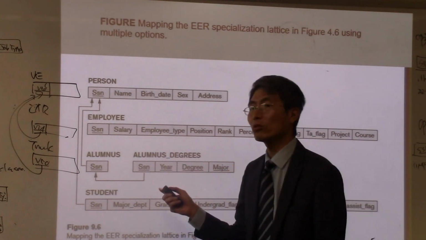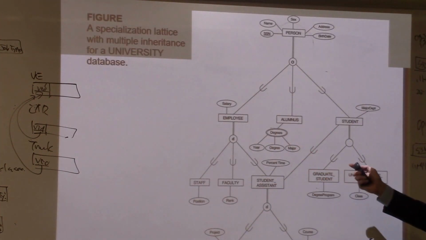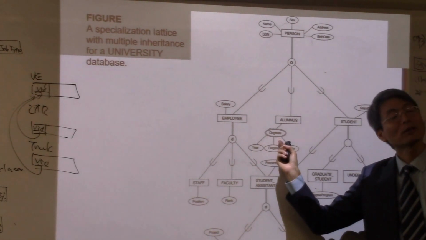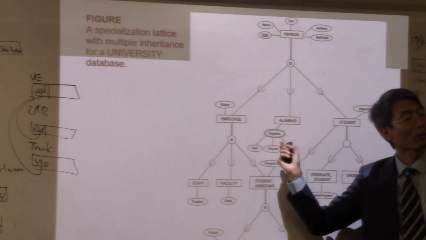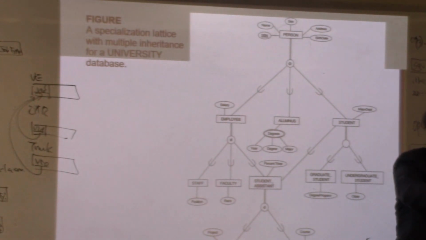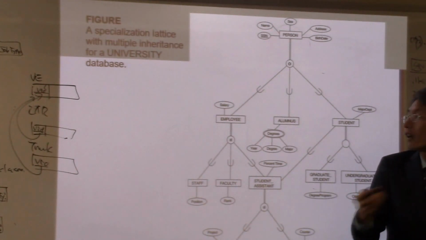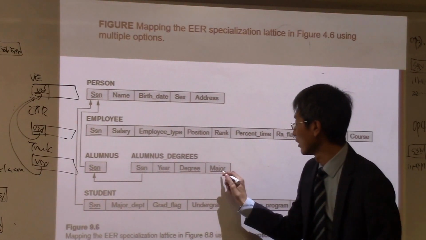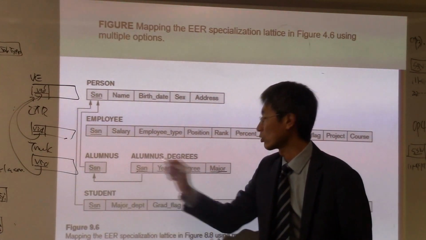Okay, then what about this one? This is actually we have the 2. No? Yes. 1 entity, but this is a multi-value. Multi-value, how can we convert the multi-value? Create an additional relation, then foreign key. So additional, it should be connected.